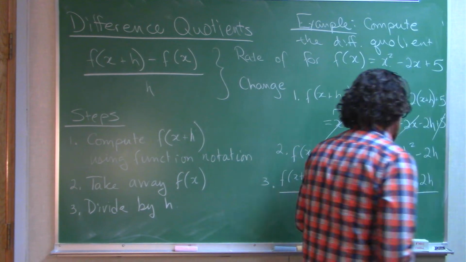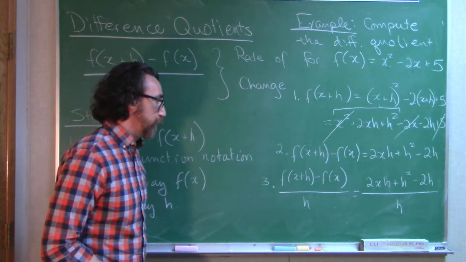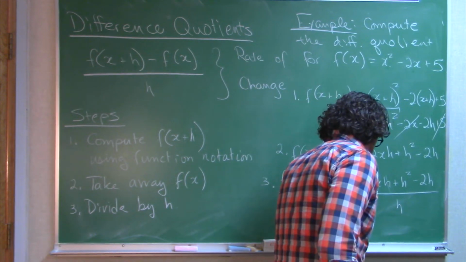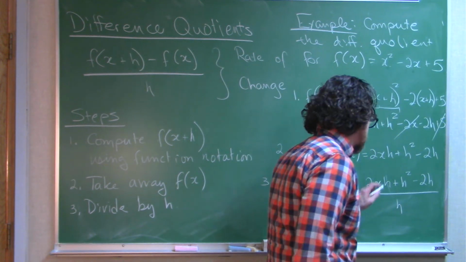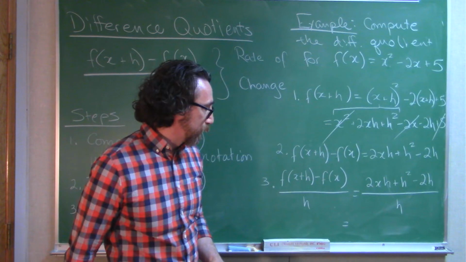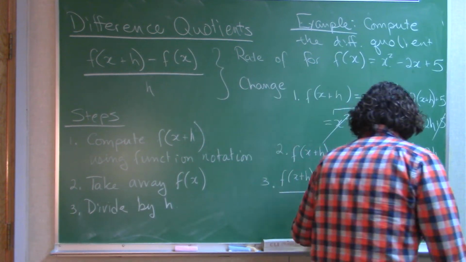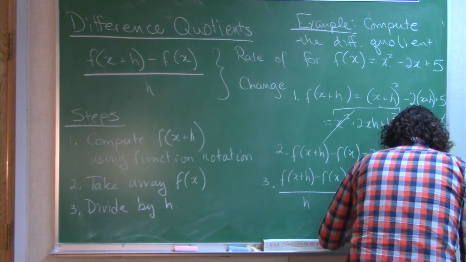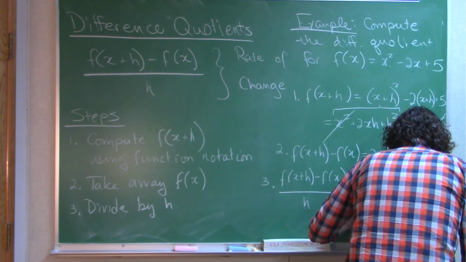We have to take this and divide by h. Notice in the numerator, every term is divisible by h. There is a common factor of h.